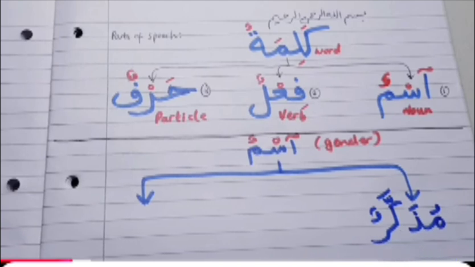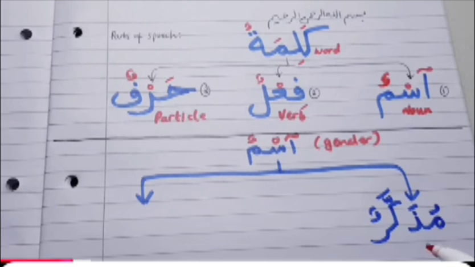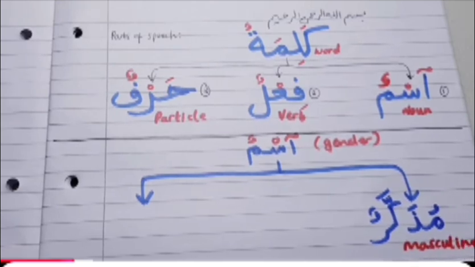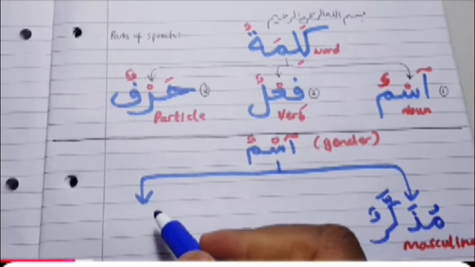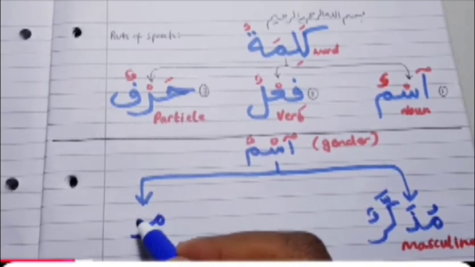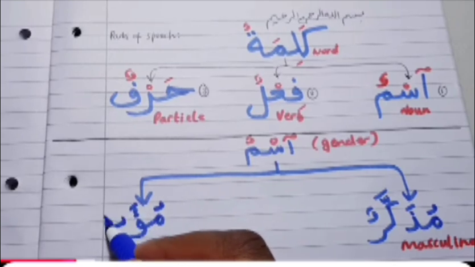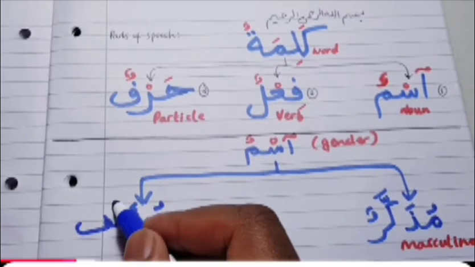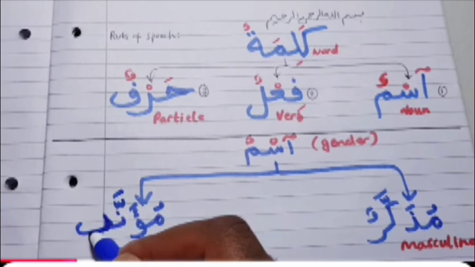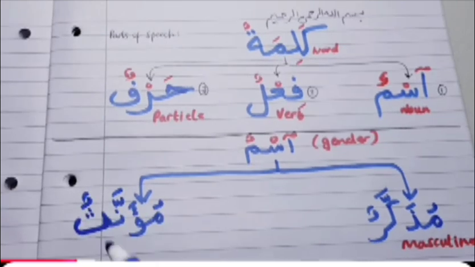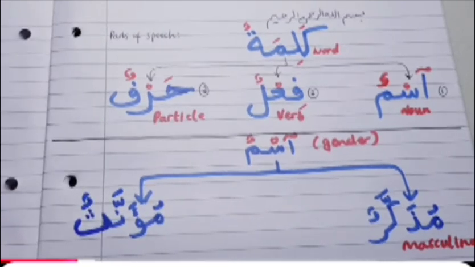It's either going to be mudhakkar, which is masculine, or it's going to be feminine. Feminine is mu'annathun. Mu'annathun, feminine.